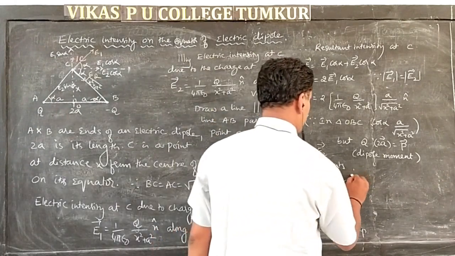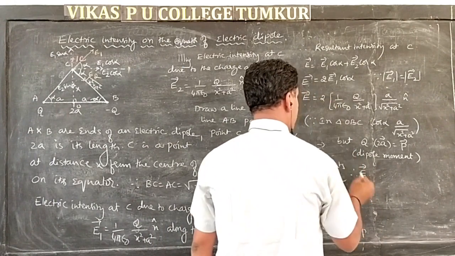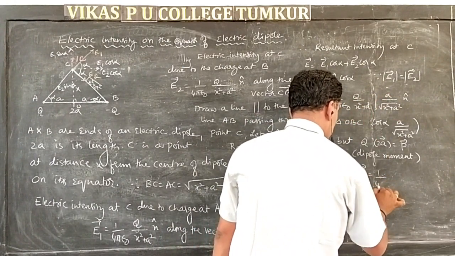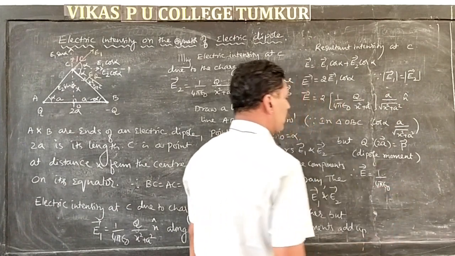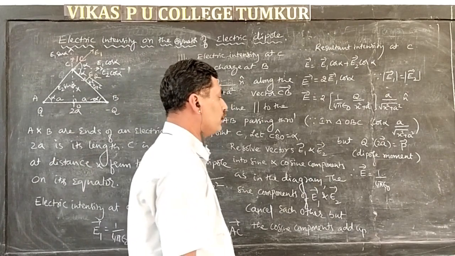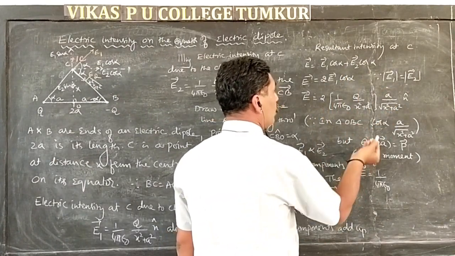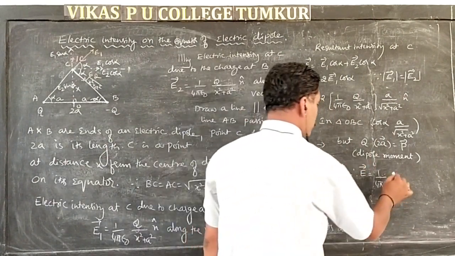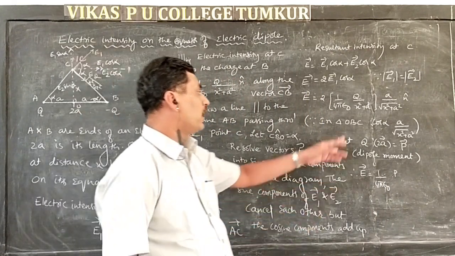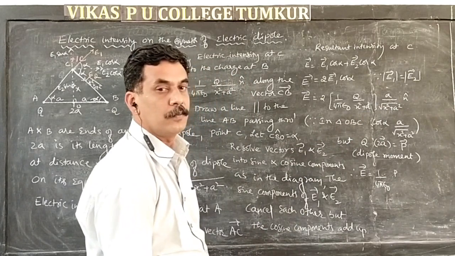Therefore, this E becomes: q into 2a is P. So in 1 by 4 pi epsilon naught, this is q into 2a is P, divided by x square plus a square, root of x square plus a square.